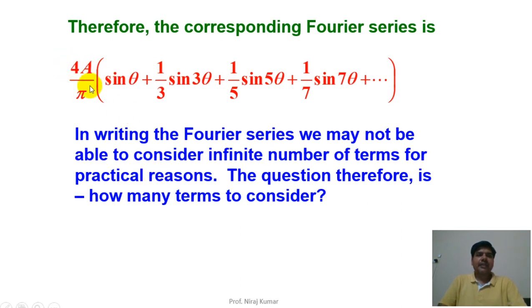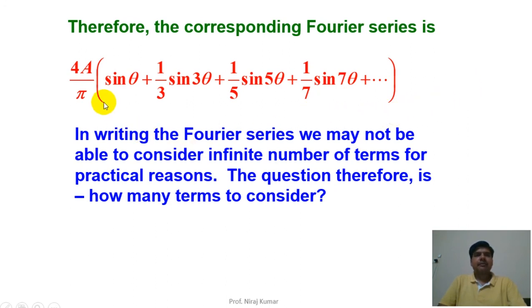The 4a by pi will be common, and we have already seen that a naught and an were both 0. So this can be written as 4a by pi sine theta plus 4a by pi sine 3 theta by 3, then sine 5 theta by 5, sine 7 theta by 7 and so on.